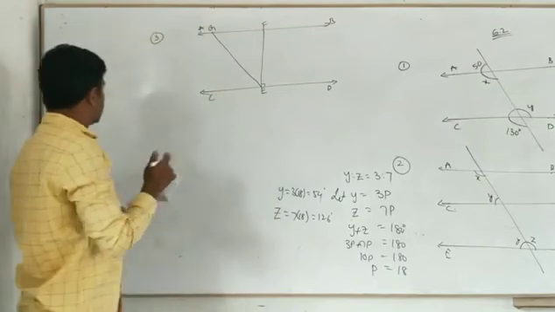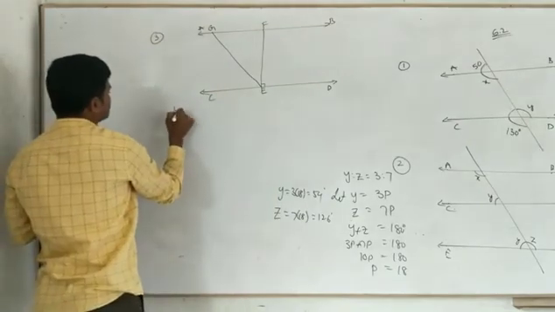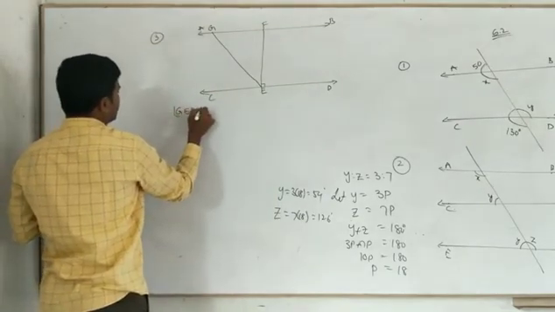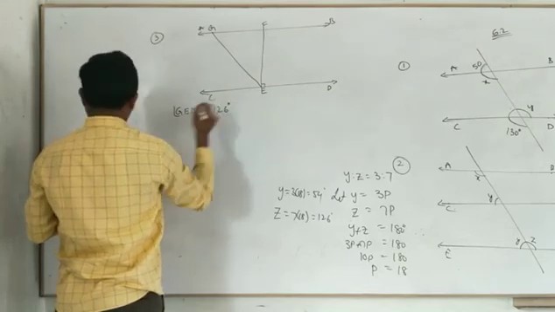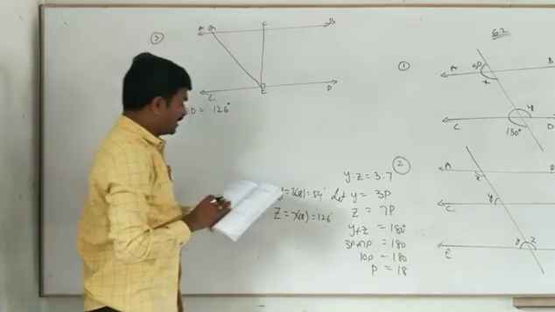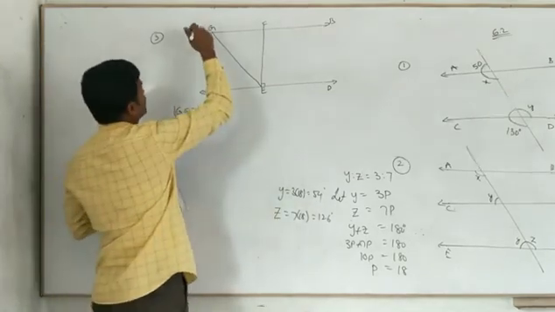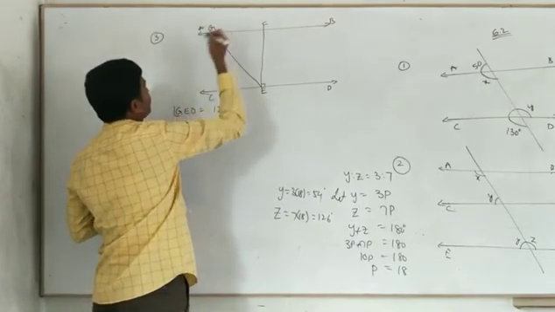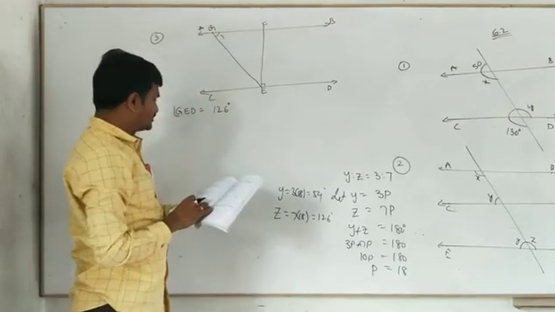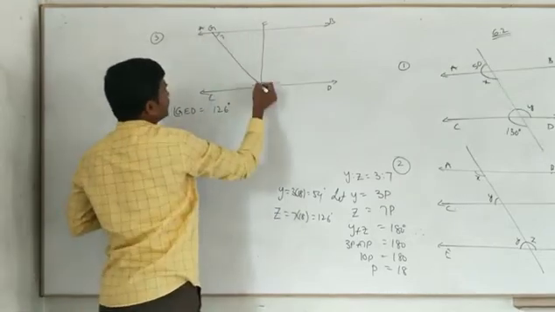Are you clear? What is given, children? Angle GED equals how much he gave? 126 he gave. Then find angle AGE. Where is AGE? This angle he has to find first. And angle GEF.